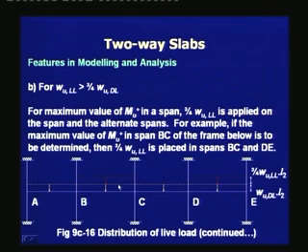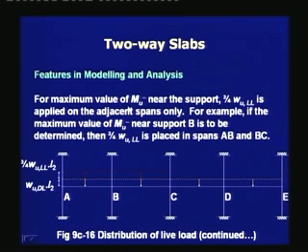That means, if we are looking for the mid-span moment of BC, we shall place the live load in BC and alternate span like DE, and the value of the live load is 3/4 of the live load coming in the tributary width, which is WULL times L2.